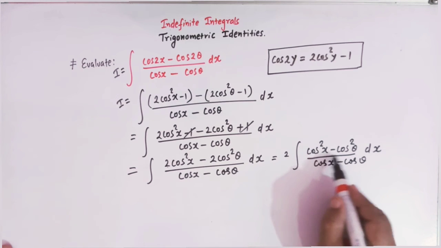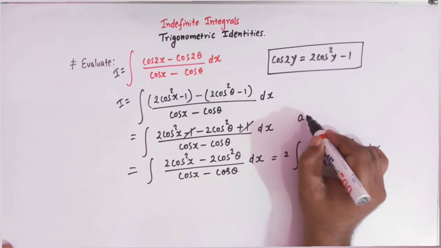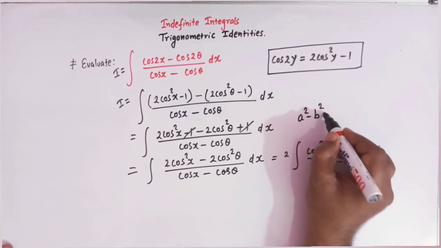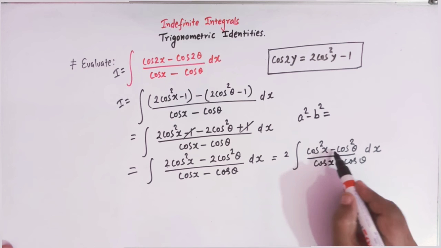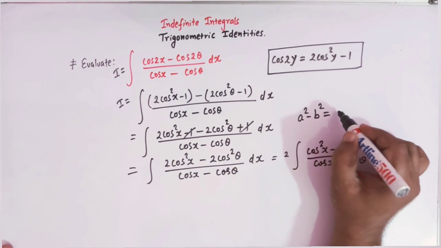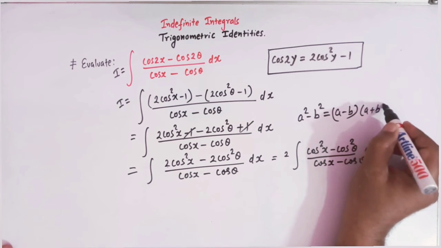And now we see that in the numerator we have a term similar to a square minus b square, because this is cos square x and this is cos square theta, and between these two terms we have the negative sign, so we have a minus b and a plus b, right?